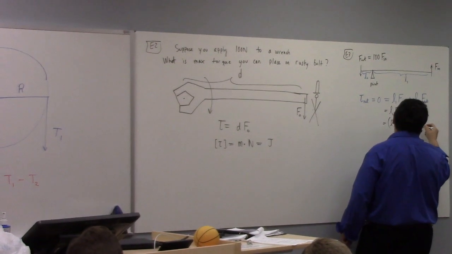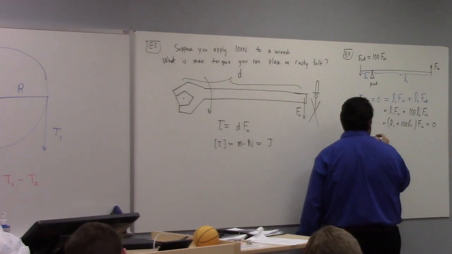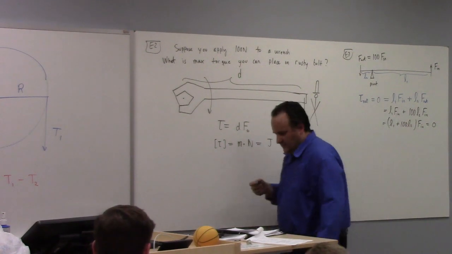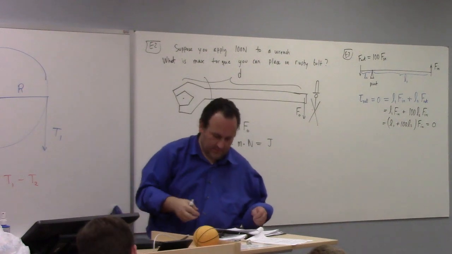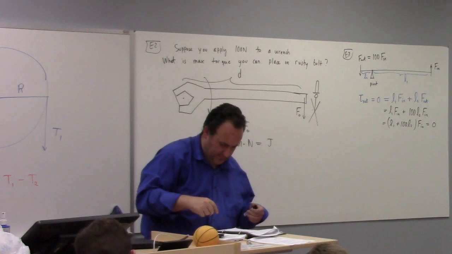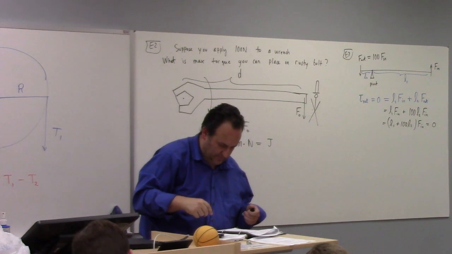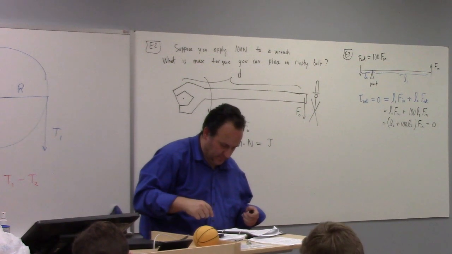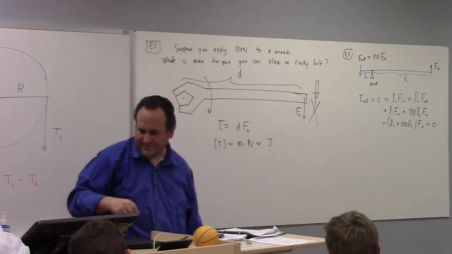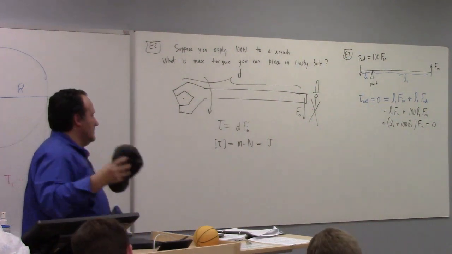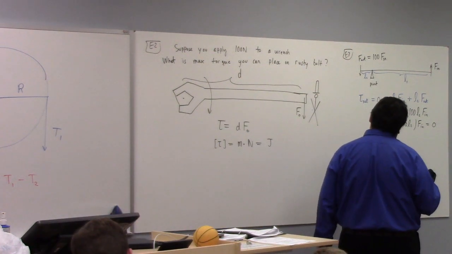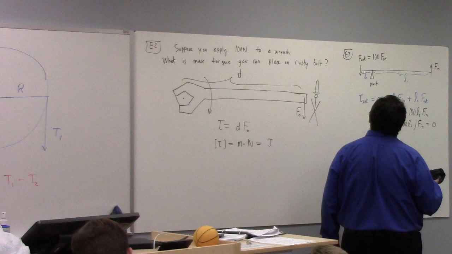Times Fn to be equal to 0, which tells me what? Let me not be an idiot here.